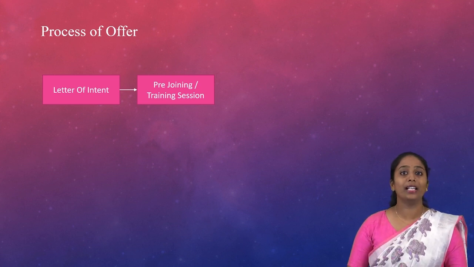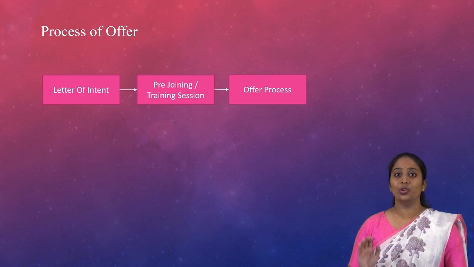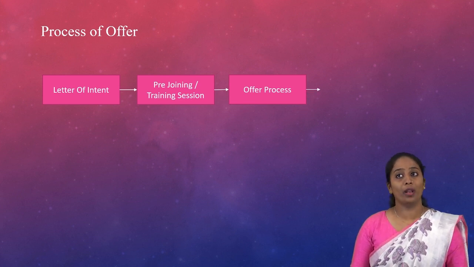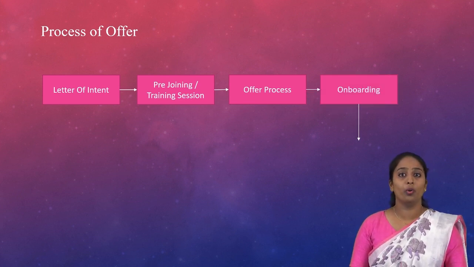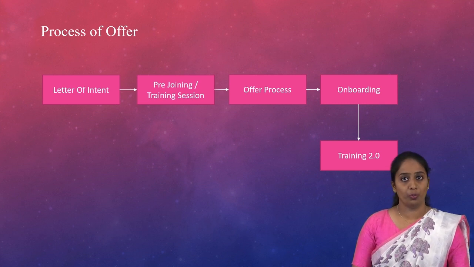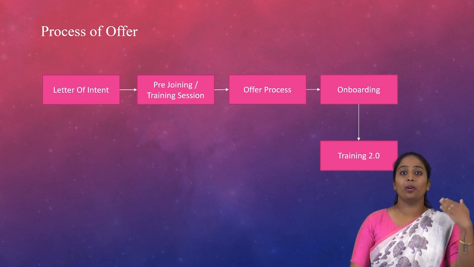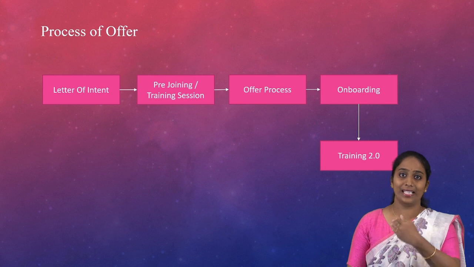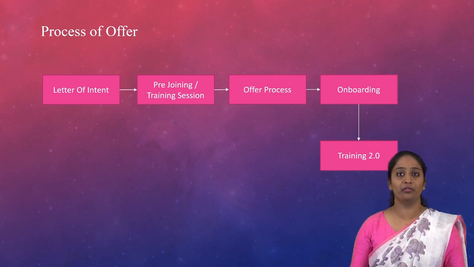Once you clear that adapt session, you will be given an offer letter from Capgemini. Once you board in the company, there will be one more training, an onboarding training, that is Training 2.0.